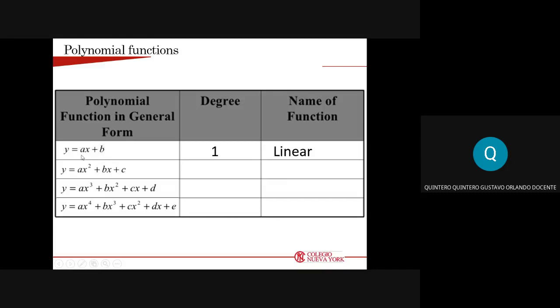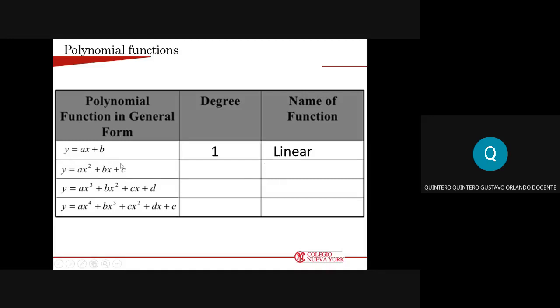So this is a polynomial function of degree 1 that happens to be a linear function. This is one that we have practiced. If we plot a linear function, we get a line. That is why we call it linear.